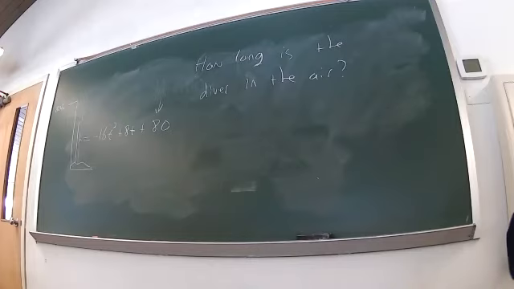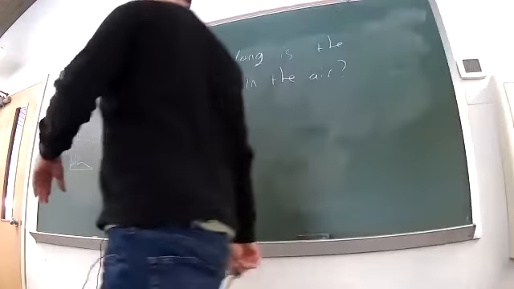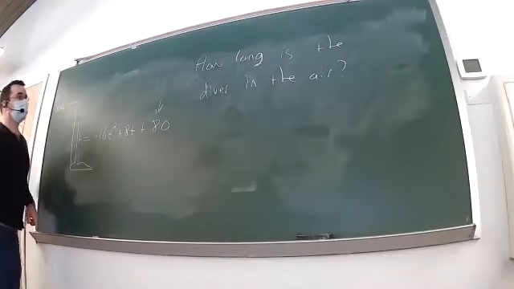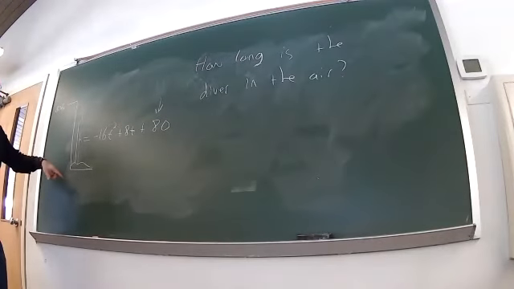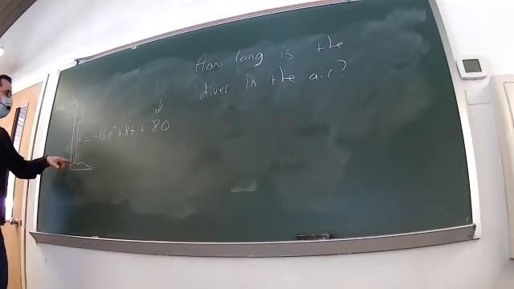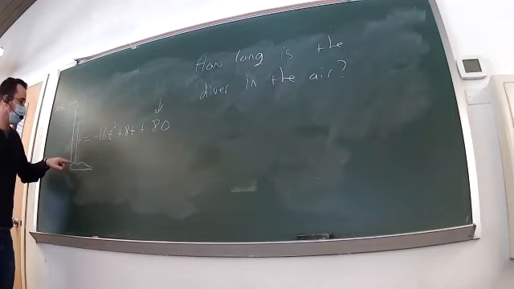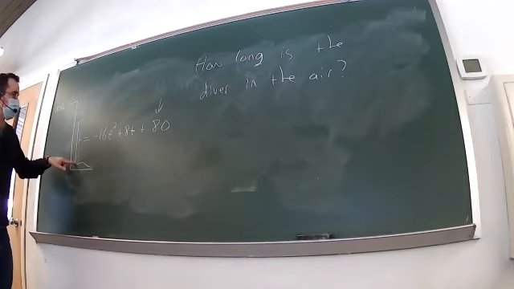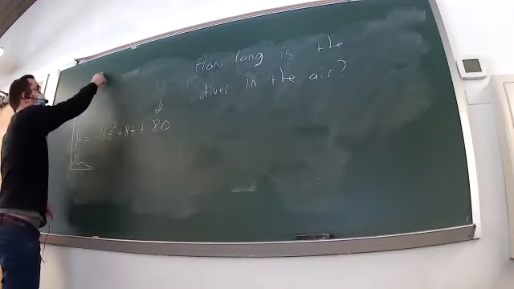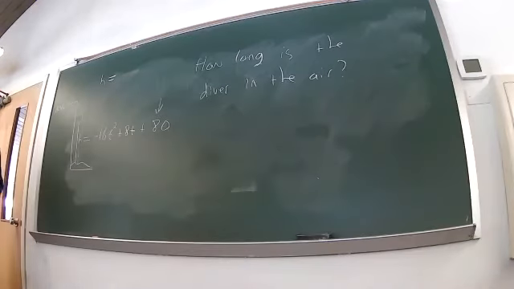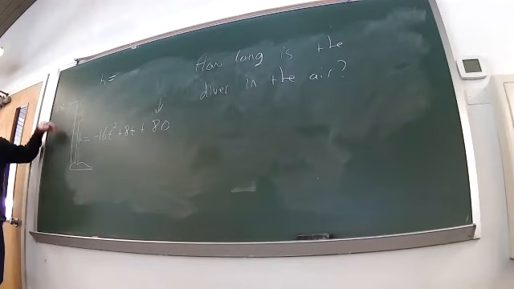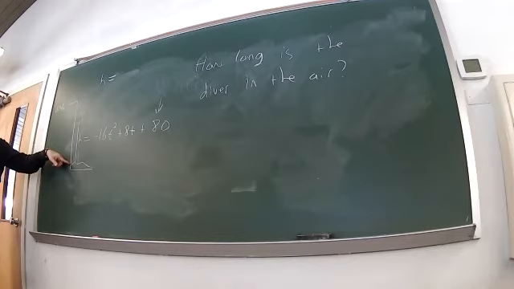So let's now take a minute to discuss. So first of all, even without solving the problem, if I want to know how long the diver is in the air, I'm interested in what's the value of time when the diver hits the water. So when the person hits the water, their height should be equal to what number? So think of your height as starting out at 80, and then when you hit the water, you're at 0, right?